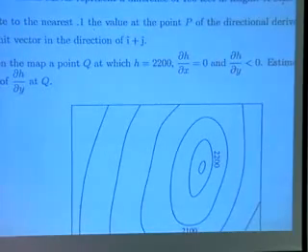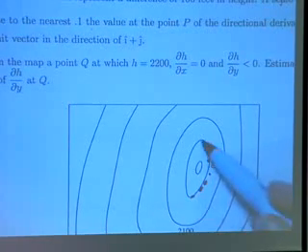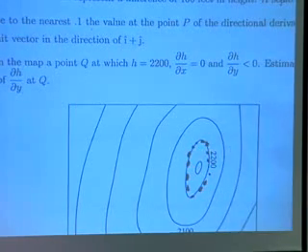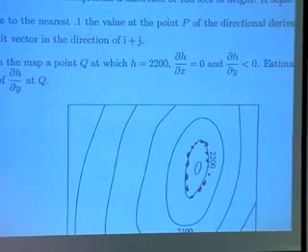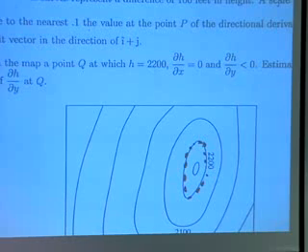So I can zoom in, and here's the level 2200. Now I want partial h, partial x to be 0. That means if I change x, keeping y constant, the value of h doesn't change. So which points on the level curve satisfy that property?